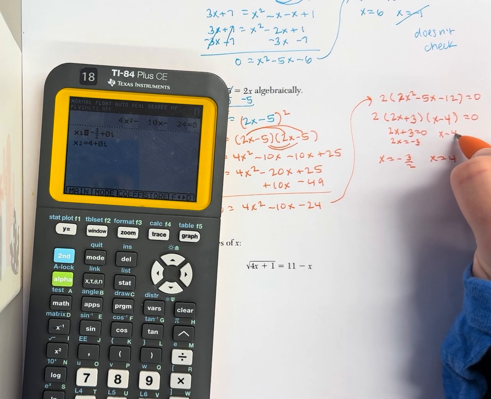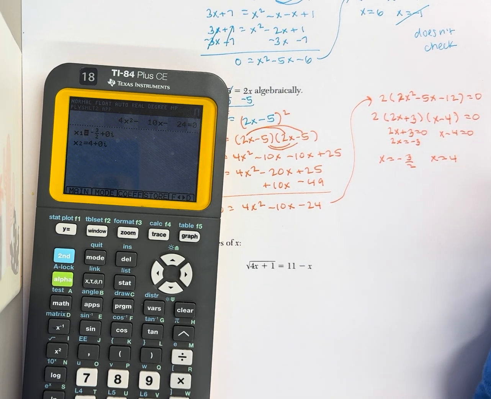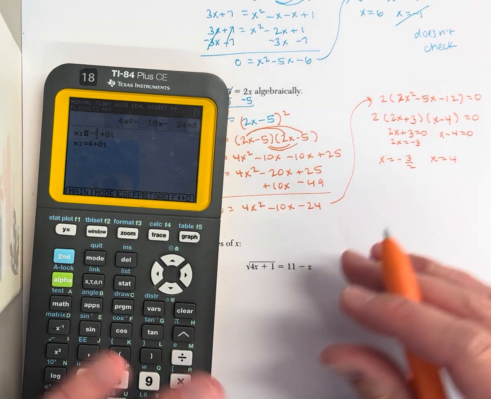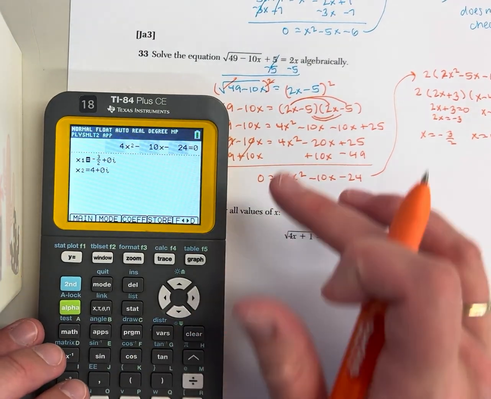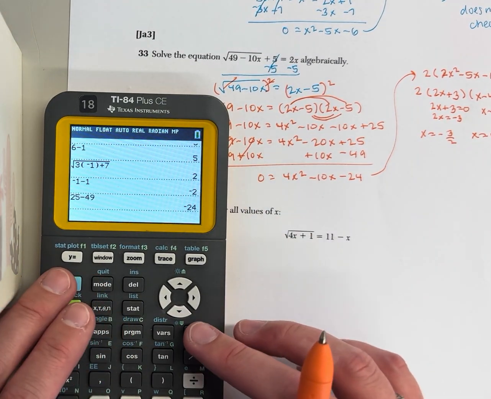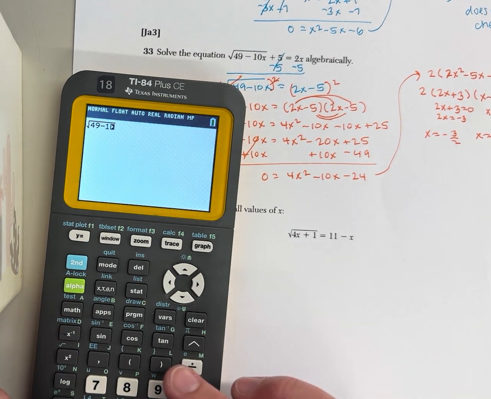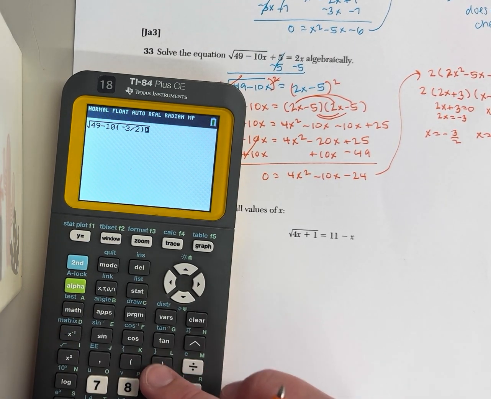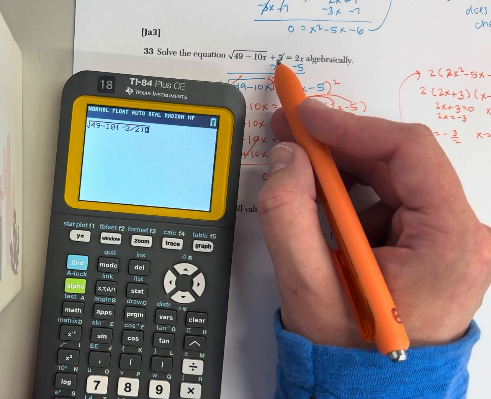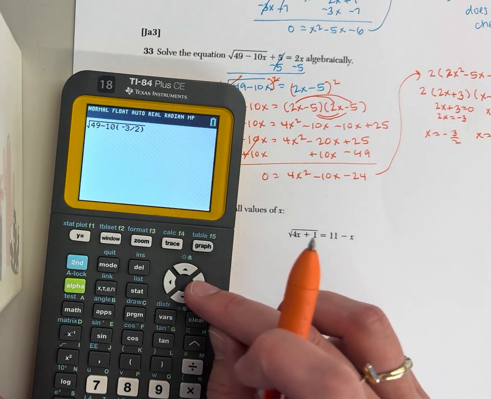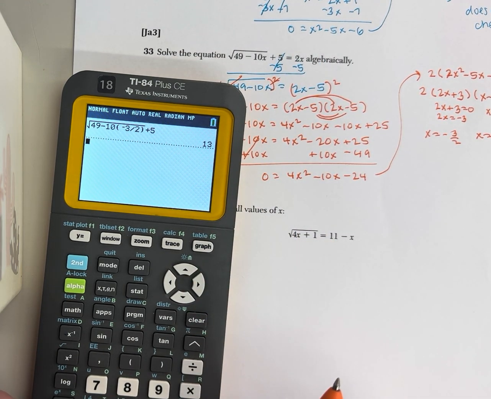This one is more obvious. Set it equal to 0, and you'd get positive 4. Anyways, you still need to check, so we're going back to the beginning. Square root of 49 minus 10 times negative 3 halves, and then outside of the radical is plus 5, so that's 13.